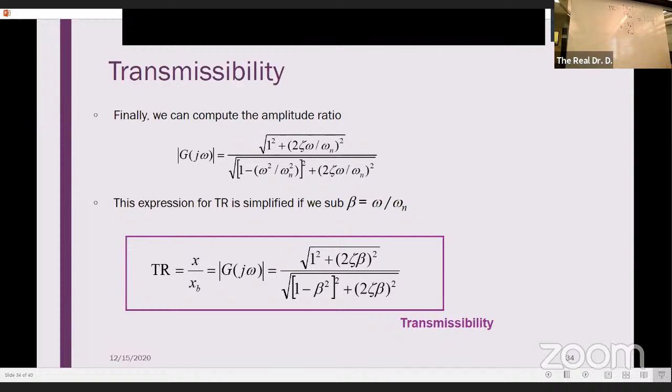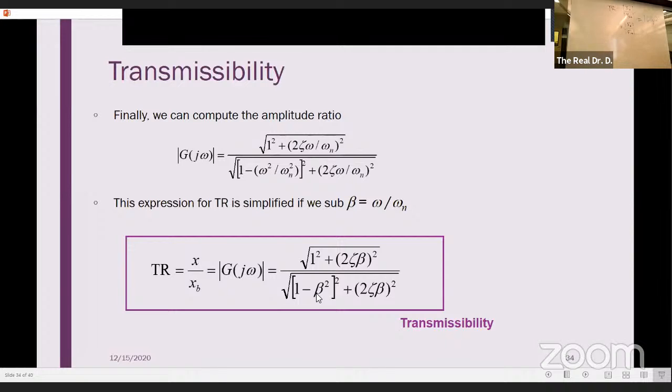But why is this important? Because it defines this term beta. And what is beta? Beta is the frequency ratio. It is the ratio of my input frequency to my natural frequency.